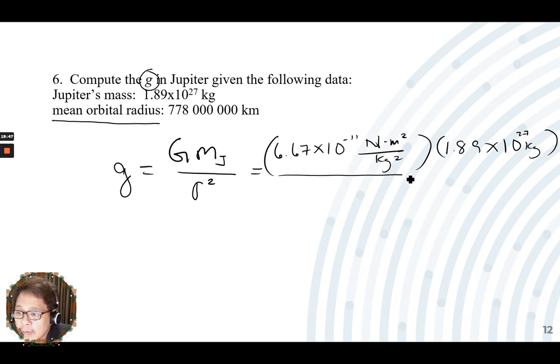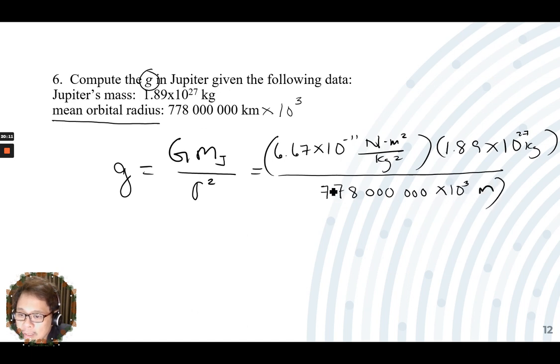Divided by the radius, this one should be converted to meters. So 778 million. But don't forget to convert this, so times 10 raised to the third meters. Then it is squared.